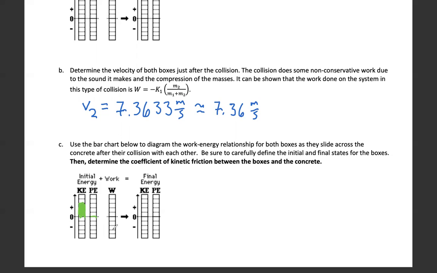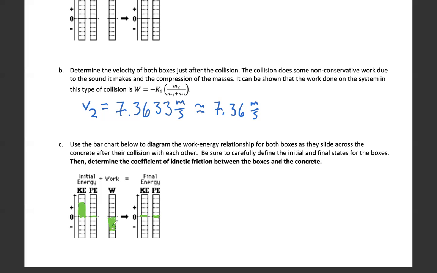So we're here, and now we're going to lose energy again due to the friction. And why is it this much? It's this much because eventually the final kinetic energy is 0, and the final potential energy is also 0.